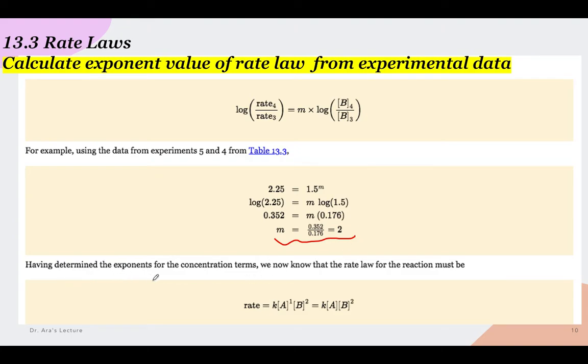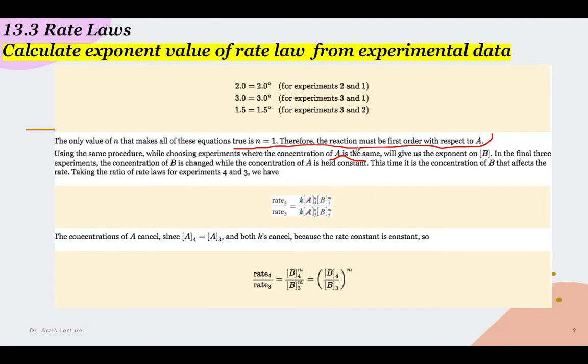Having determined the exponent for each concentration term, we know that the rate law for the reaction must be rate equal to k times concentration of A to the power 1 and B to the power 2. How do we get this? Because we already calculated the order with respect to A and always found 1. When we put n equal to 1, we find the equality.